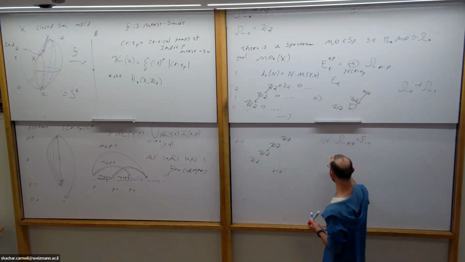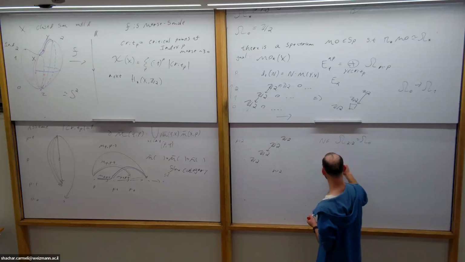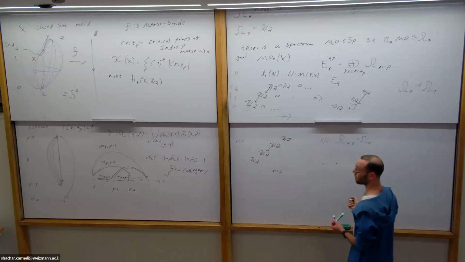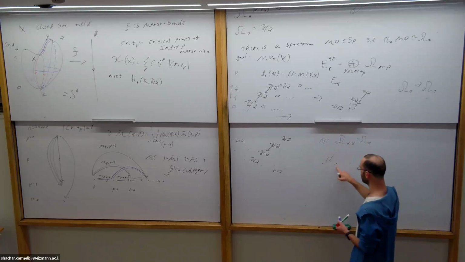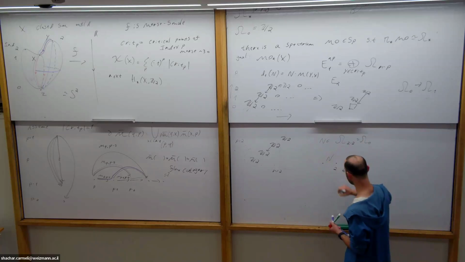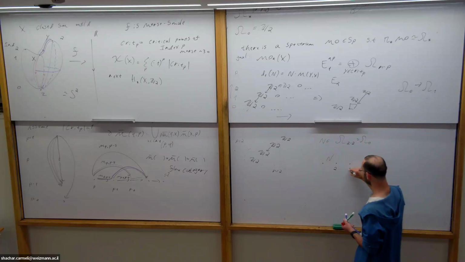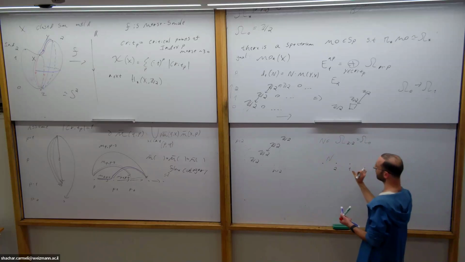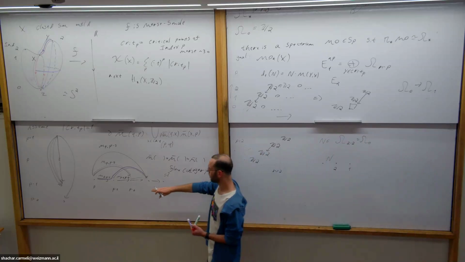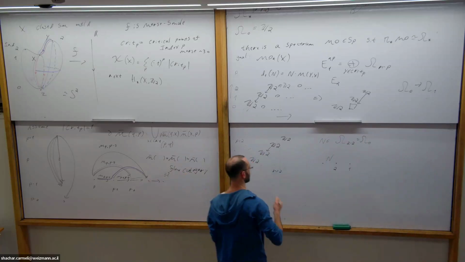And if n survives to the second page, you have a flow category with n over here, the point of index, maybe, 2 in this example, and here you take the subcategory of the category that corresponds to the Morse function.